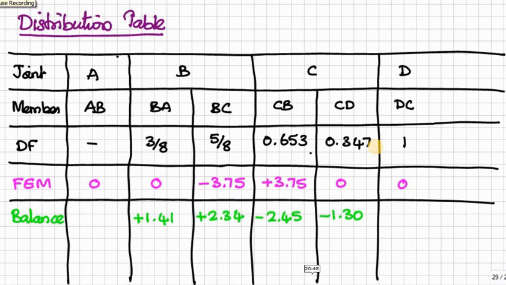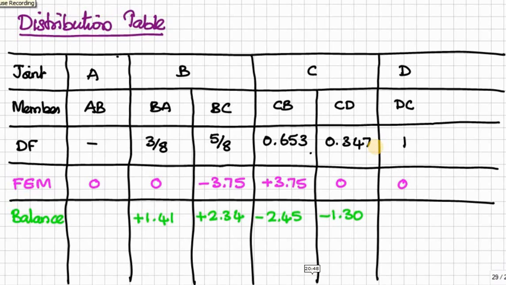But when you balance it, in the balancing step, we are actually externally applying some moment, no? Deliberately applying. So if you apply some moment, the side effect is the carryover moment. Half of the moment will be carried over to the far end, the opposite member.